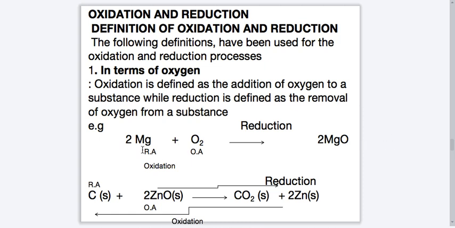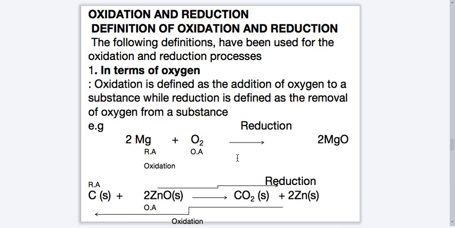Again, Mg reduces O2, and Mg becomes oxidized in that process. That is what I refer to as reducing agent, while O2 is going to oxidize Mg, but in that process, it becomes reduced.